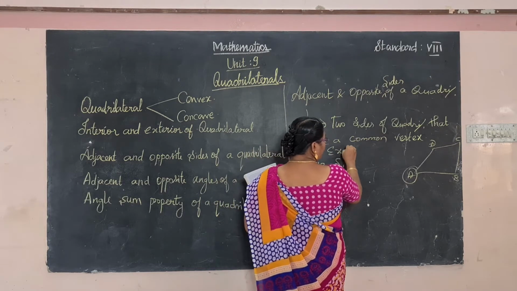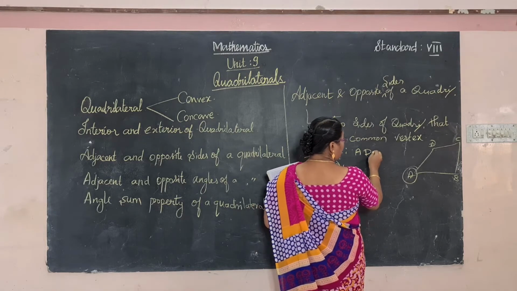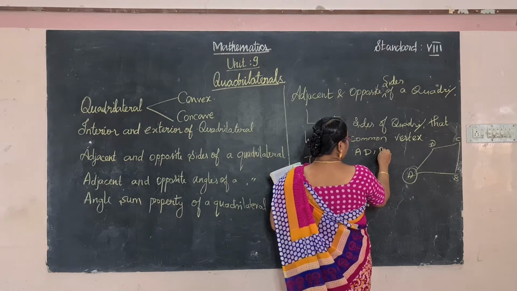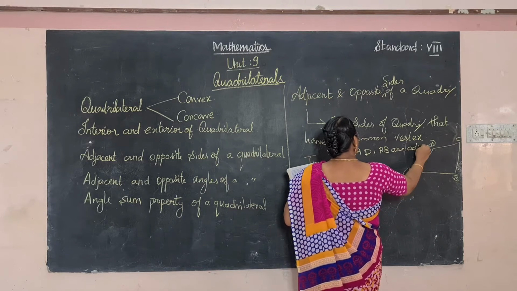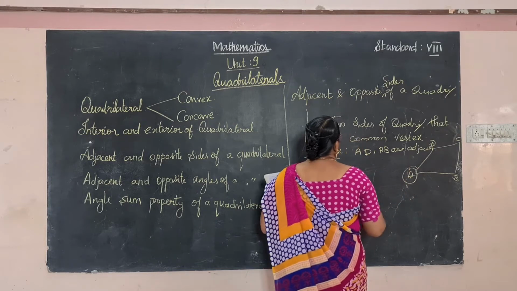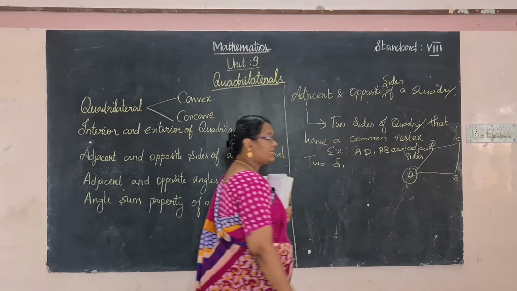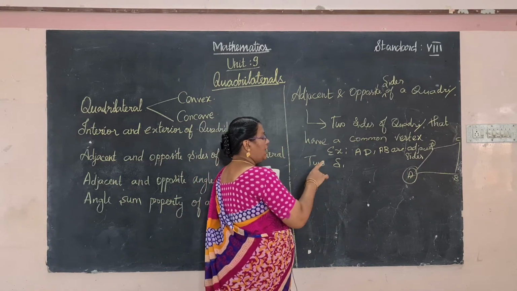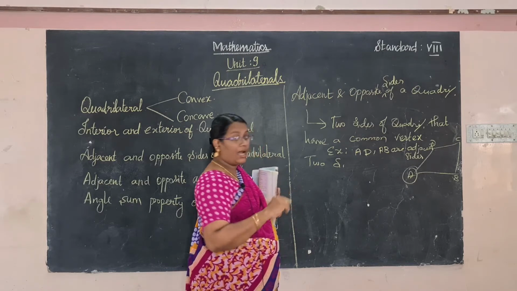Example from this diagram: AD and AB are adjacent sides. A is a common vertex for the line segments AD and AB.